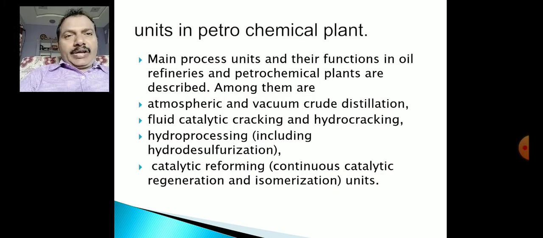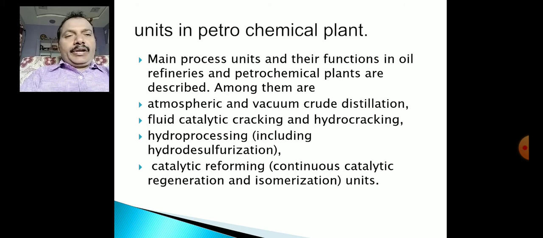So, the units available in a petrochemical plant. The main process units and their functions in oil refineries and petrochemical plants are described. Among them are atmospheric and vacuum crude distillation, which is widely used in oil refineries, and fluid catalytic cracking and hydrocracking.